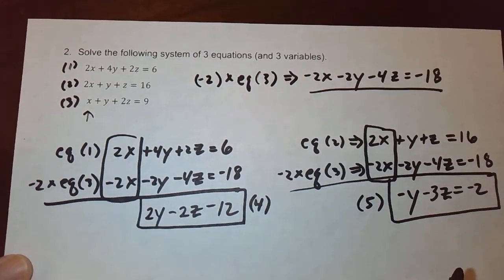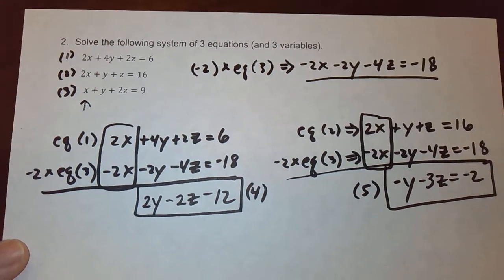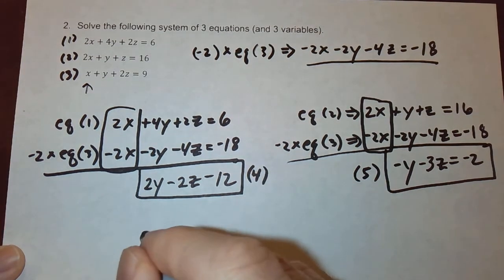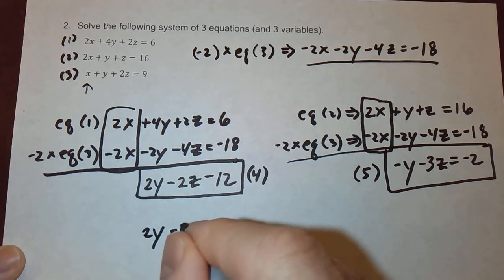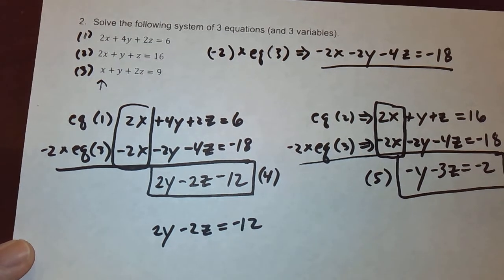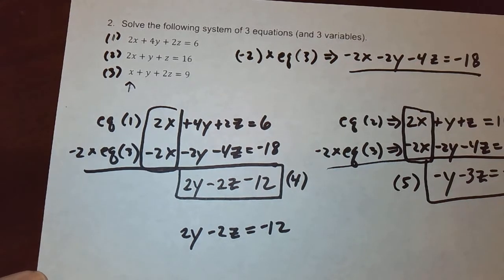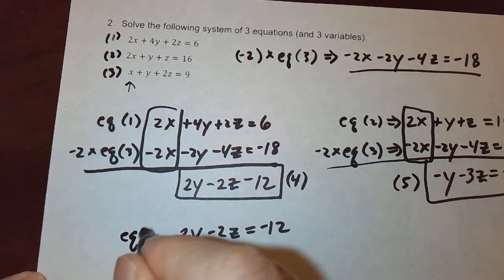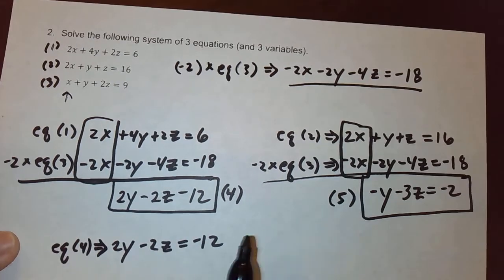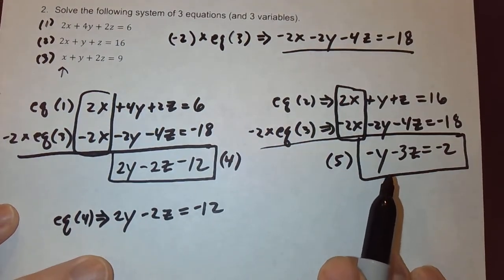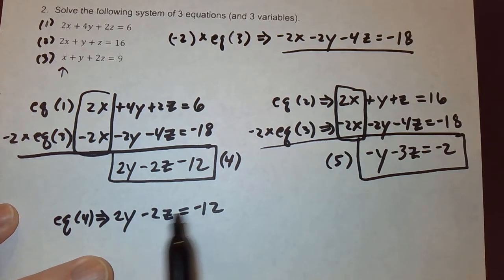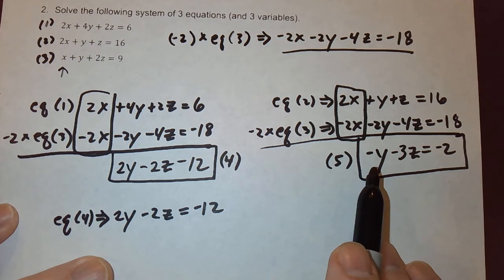So we can solve them very simply as we did in the previous section. So let me write down equation number 4 again, just like it is up there. So that's equation 4. And what would I have to do to eliminate the y? If I have a 2y here, equation 5 has a negative 1y here.